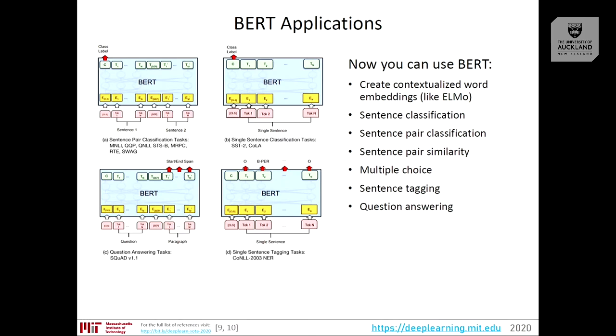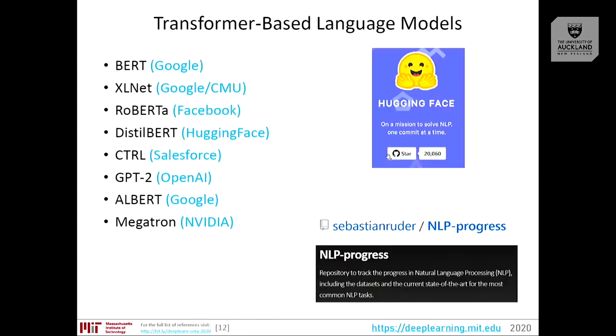So this is a very high-level introduction to transformers, and you can use them in sentence classification, sentence similarity, tagging, and question answering. The good thing is you just need to train one model, and that model can be used in several real-world problems.